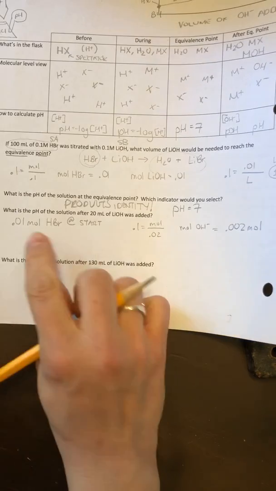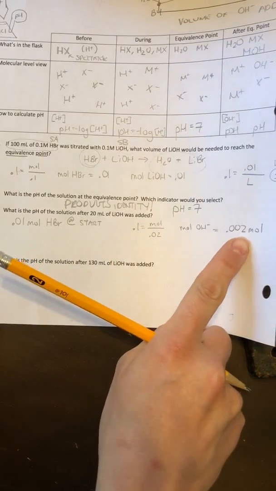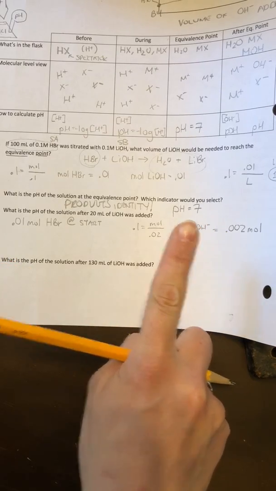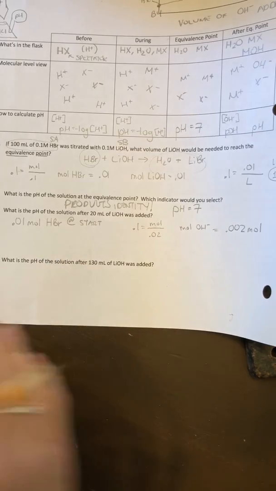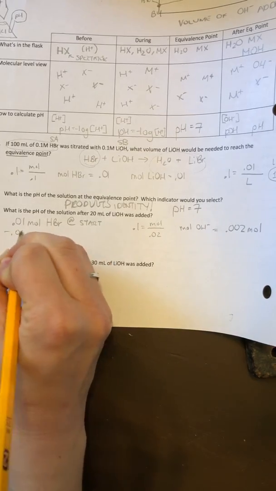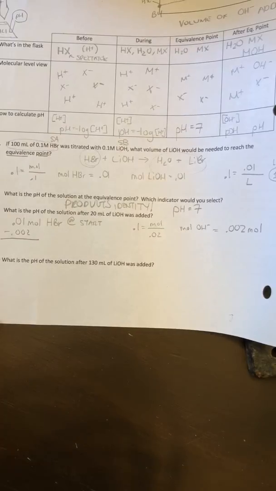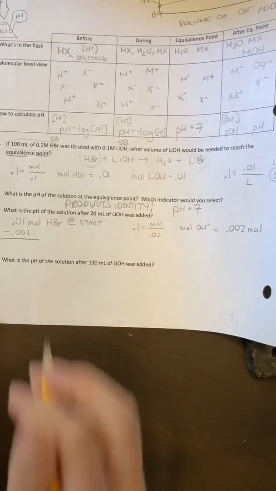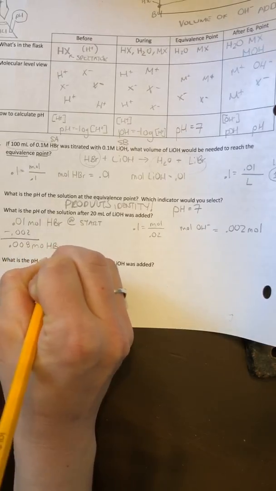If I had 0.01 moles of the acid at the start and I dropped in this many moles of base, then due to the 1-to-1 mole ratio, this is the same amount of moles of acid that get wiped out. So we have, wow, mental math's not my strong suit right now, 0.008 moles of HBr left.